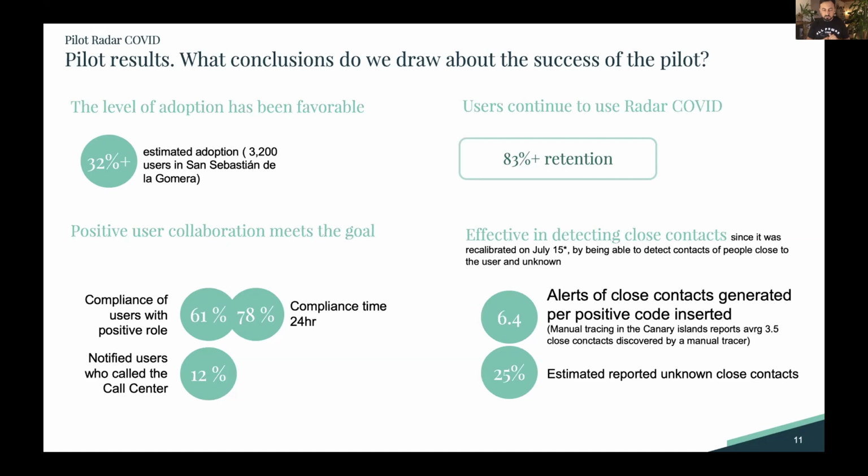This is a figure that we expected to be higher. It's a bit low. We wonder whether it had to do with the simulated setting, and people thought, well, why would I call if at the end, I'm not infected? It would be nice to evaluate in the real deployments what this value is, because it's important that we bring people into the health system, so they complete the evaluation by the health authorities.